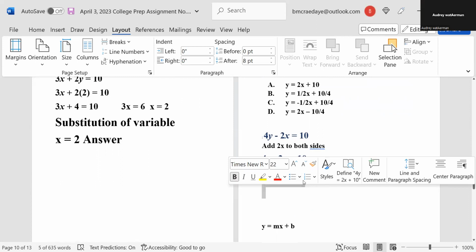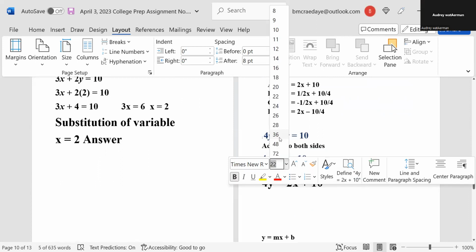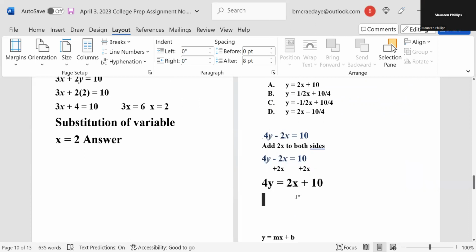Maureen, what is that step? No, Maureen, divide. That's it. Very good. Divide, Maureen, because you're trying to get the y. So you're gonna divide. What do you divide, Maureen? Both sides by what?